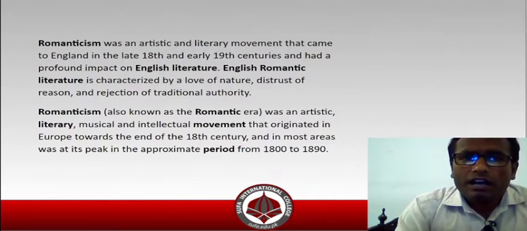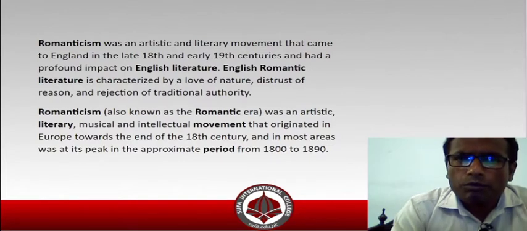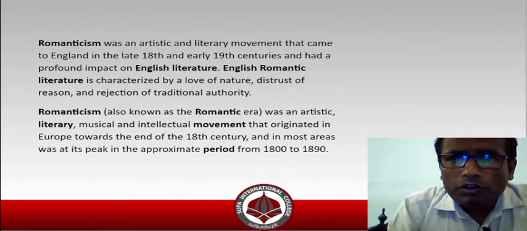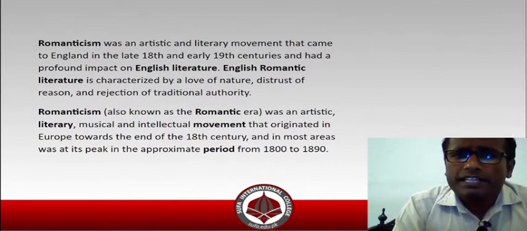Truly speaking, this Romantic period in the whole of English literature is considered the most fertile age because it produced so much literature, so many books were written, so much work was done by the Romantics. They may even be well compared to the Renaissance artists. They were no less than those writers. So it had a profound impact on English literature.